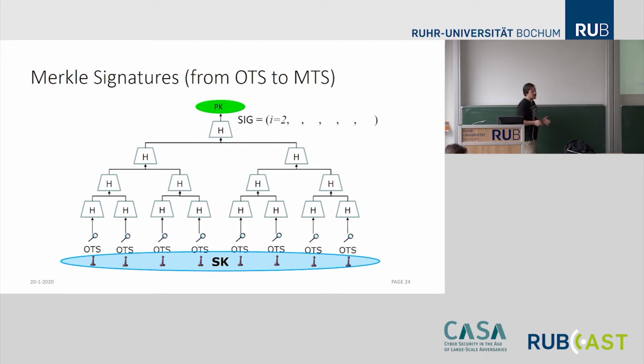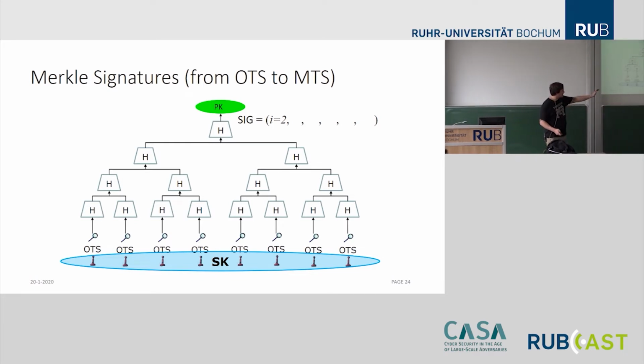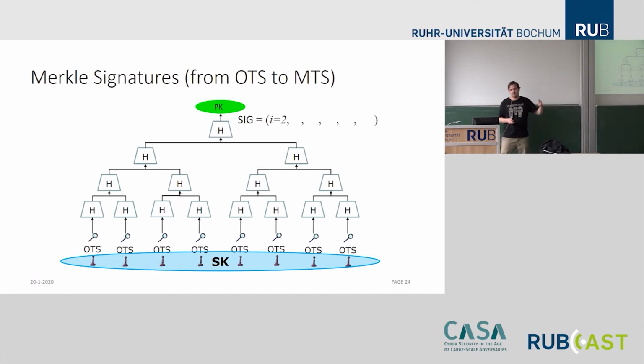And now if I want to sign a message, the first thing is I have to make sure that I do not reuse a one-time key pair. Right? So one way to do this is I use these key pairs from left to right and just mark myself where I currently am and keep this as a secret state in my secret key.